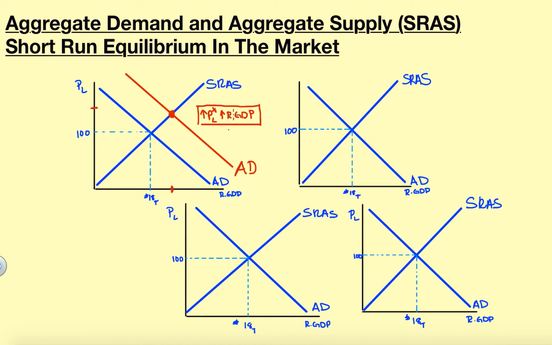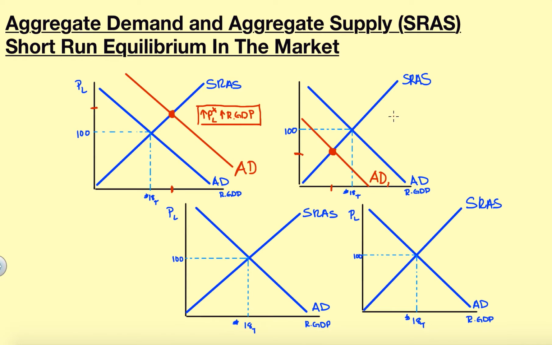Okay, so for the second one, let's say what happens to the economy when there's a reduction in aggregate demand. So when aggregate demand falls, we'll call this aggregate demand 1, we see that our new aggregate demand intersects our existing supply curve and results in a decrease in the price level and also a lower amount of goods and services available.